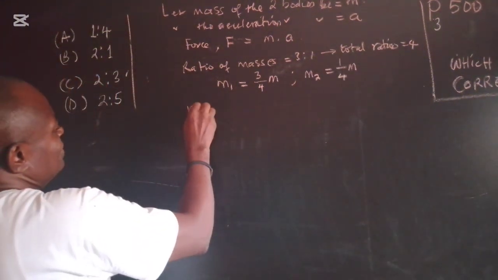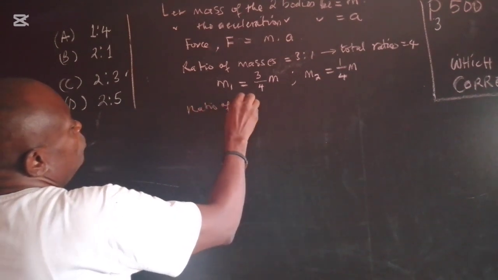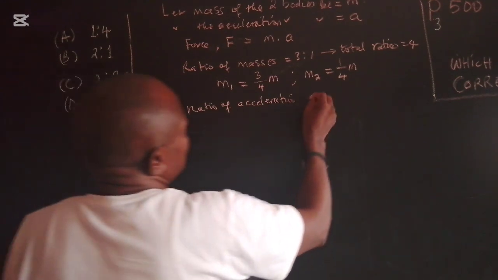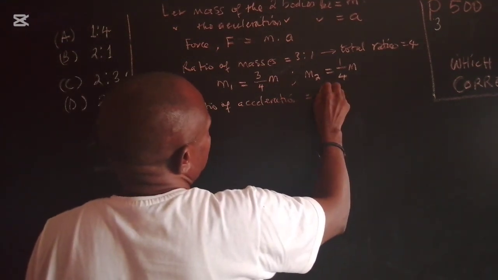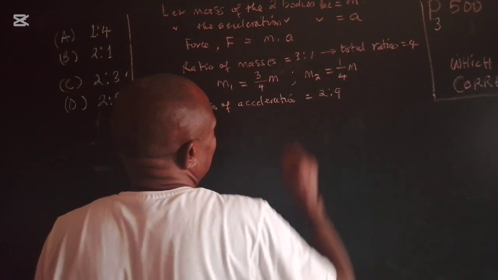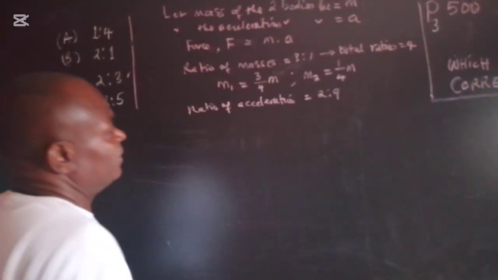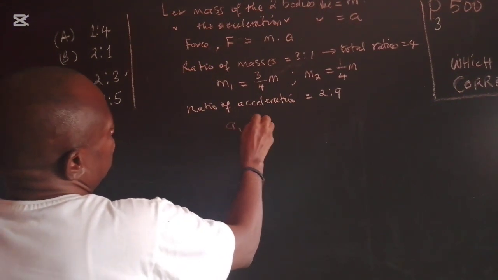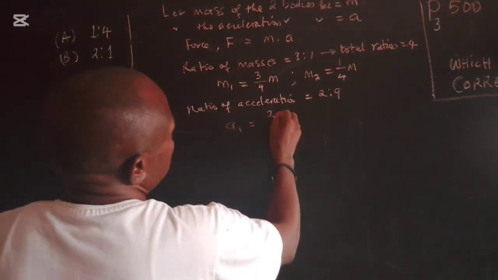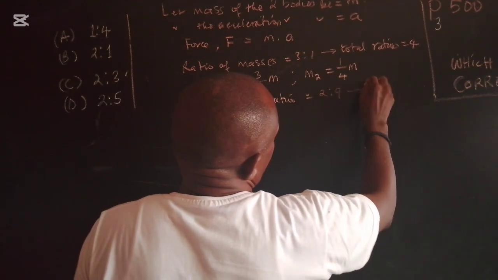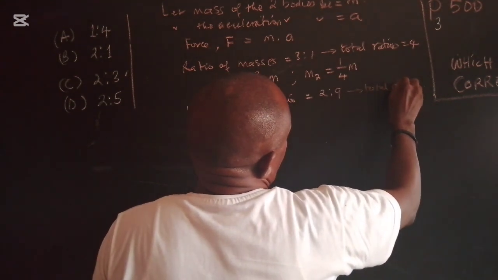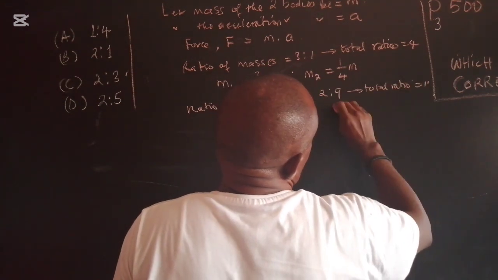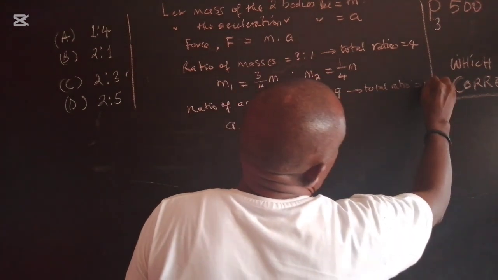So the ratio of acceleration. We're told that the ratio of acceleration is 2:9. So the acceleration of the first body would be 2, and of course, we know that the total ratio, if you add this to this, is equal to 11.